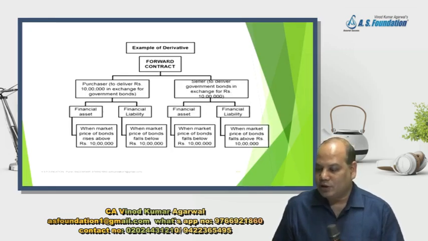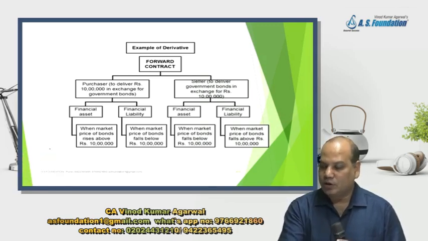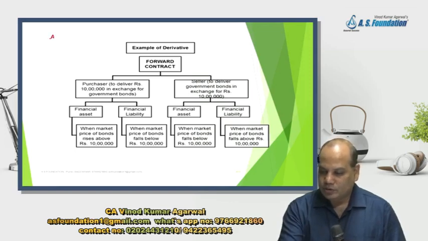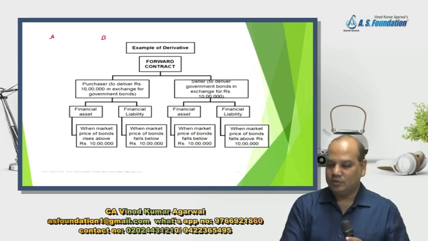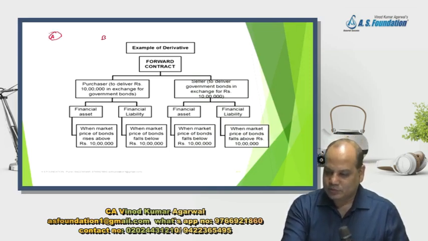For the beginners in derivatives, one small example: a forward contract. It's a very basic derivative contract. What is a forward contract? Two persons, A and B, can just sit across the table and enter into this contract.